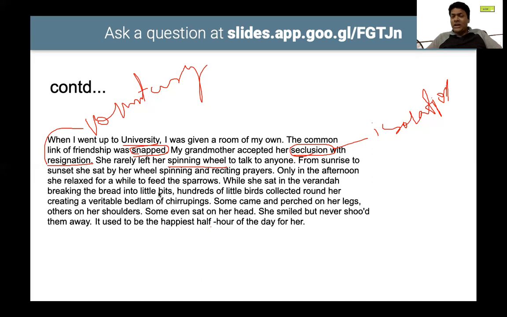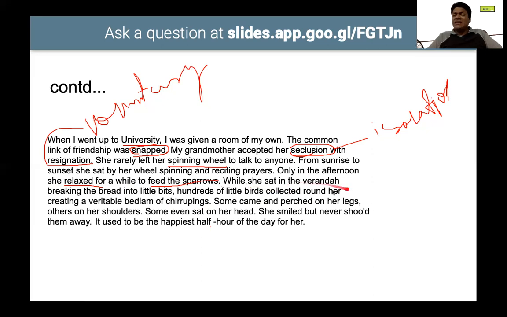Reciting means chanting prayers, right? All the time with that string of rosary beads. Only in the afternoon, for a while, she felt relaxed and fed the sparrows.